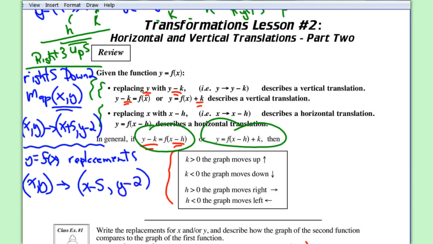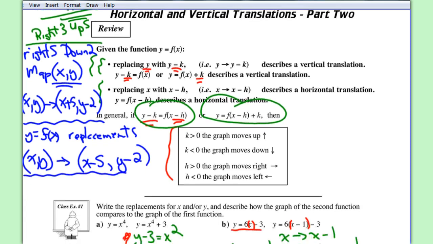Now what would that look like finally in function notation? It would look like y minus 2 is equal to, hold the phone here, we got to fix this. If I want to go down 2, this is what we got to think about. I would replace y with y plus 2, right?